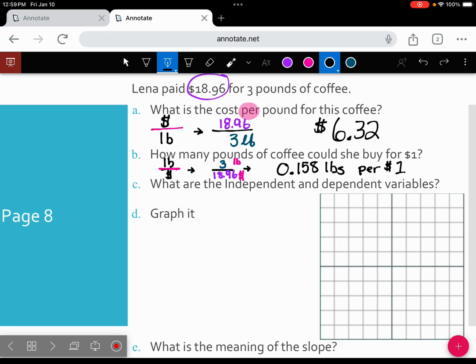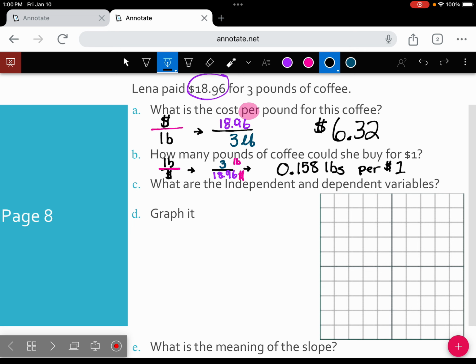So now that we've thought through these in both directions, I want to ask what typically is going to be our independent variable and what's typically going to be our dependent variable on this. Pounds of coffee is usually independent. I'm going to say there's some wiggle room on it because you could do like the Whole Foods where they have the granola in the bucket and the candy in the bucket and you buy by the scoop. But more often than not, you're buying a bag, prepackaged. We like the coffee.